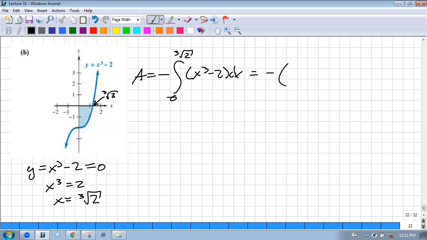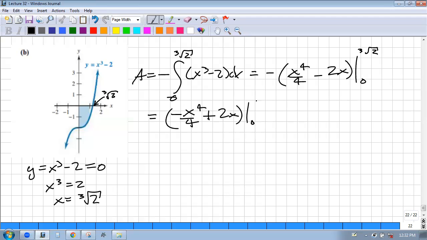So we have a minus sign. The integral of x cubed is x to the 4th over 4, and then the integral of 2 is 2x, and we want to evaluate from 0 to the cube root of 2. All right, so this is negative x to the 4th over 4 plus 2x, from 0 to cube root of 2. So I'm going to do this just because the exponents suck here.